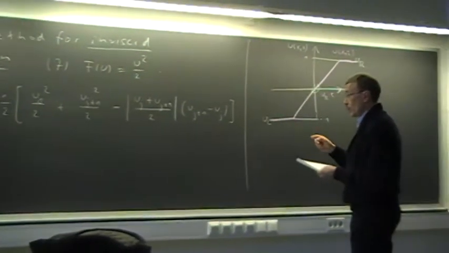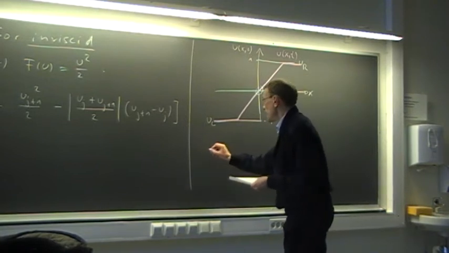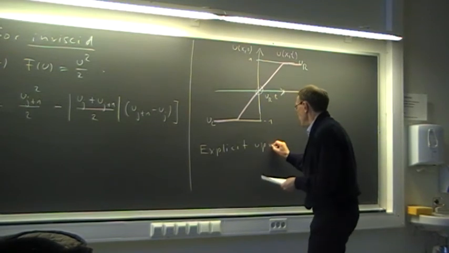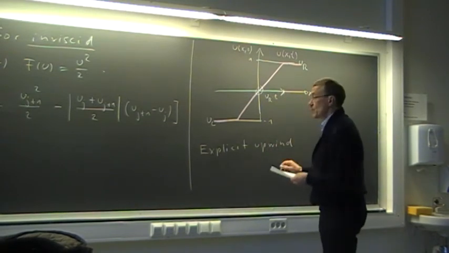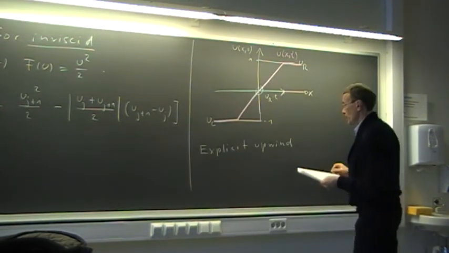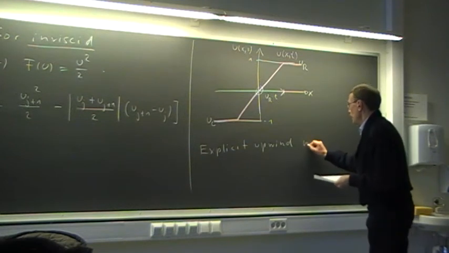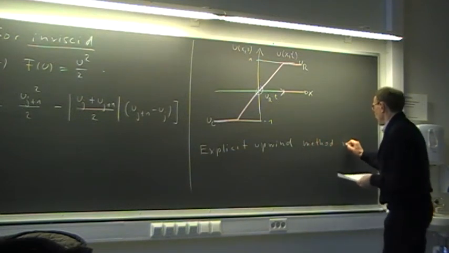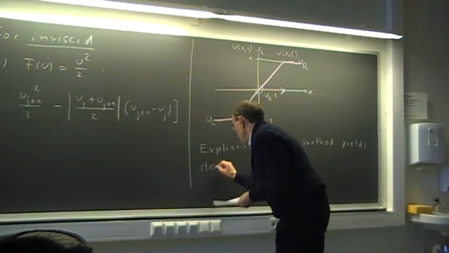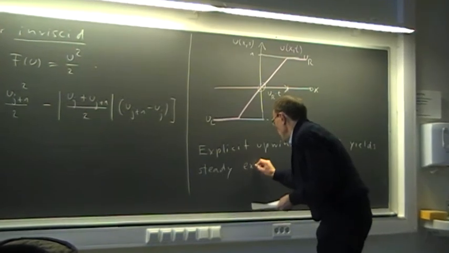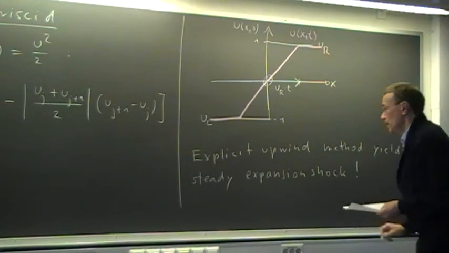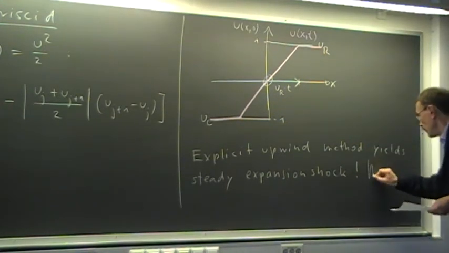So we can conclude what we have seen here. We have applied the explicit upwind method, that is when we use this as the flux in the conservation form that we saw in the beginning. So the explicit upwind method yields a steady solution, and we know it is an expansion shock. So that is wrong.